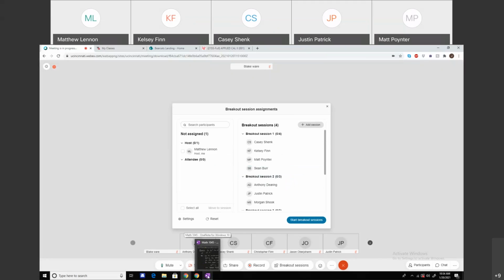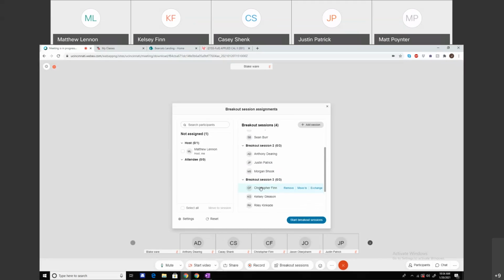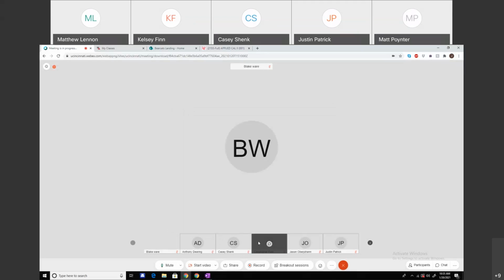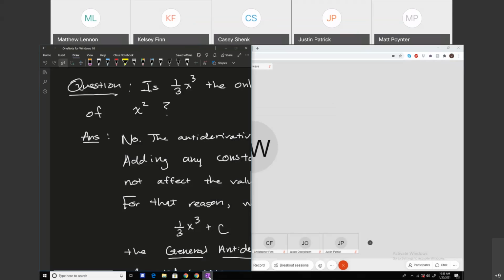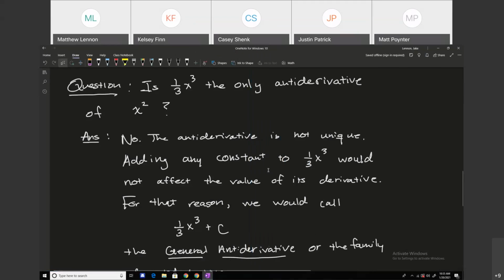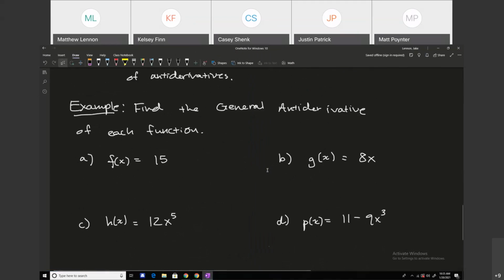So this first group, Casey, Kelsey, Matt, and Sean, you will be doing A. Anthony, Justin, Morgan, you'll be doing B. Christopher, Kelsey, Riley, you'll be doing C. And the fourth one, Blake, Jason, Vaughn, you'll be doing part D. Does that make sense? I'm going to go ahead and start these, and then I'll put this up again. So we'll see if this works.